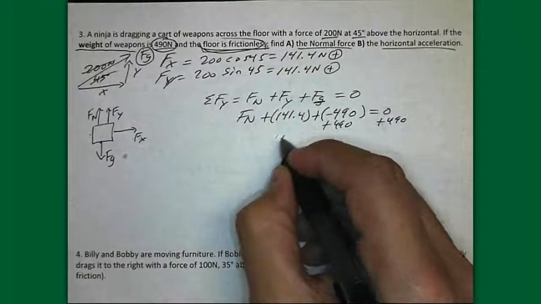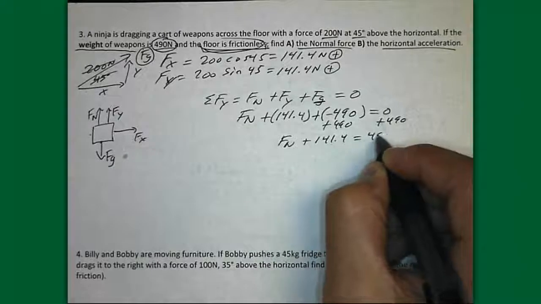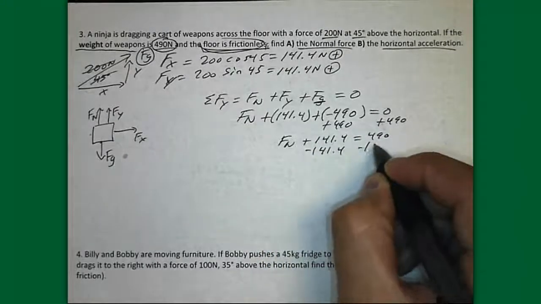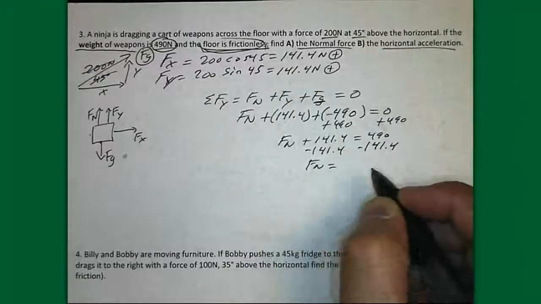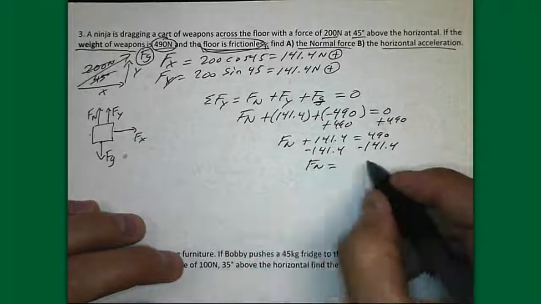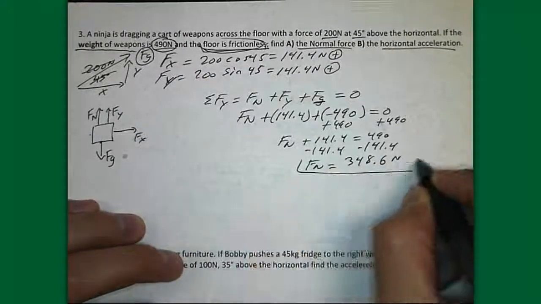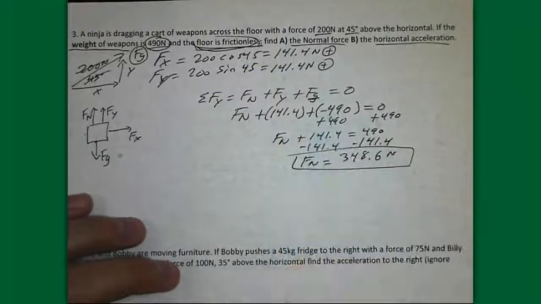Add 490 to both sides, you get normal force plus 141.4 equals 490. Subtract 141.4, and you'll find that normal force is 348.6 newtons. There's your normal force. Not equal to the force of gravity. Check.